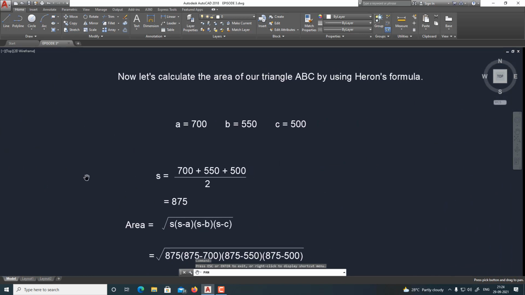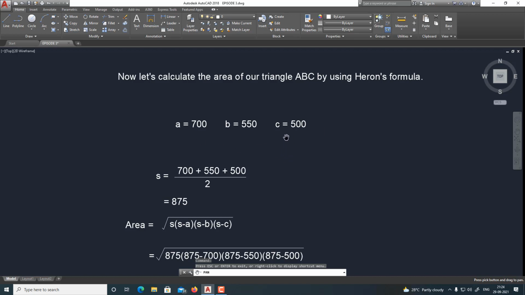Now we'll calculate the area of the triangle by another method using Heron's formula. A is equal to 700, B is equal to 550, C is equal to 500. We don't need the value of the altitude here, or CD.